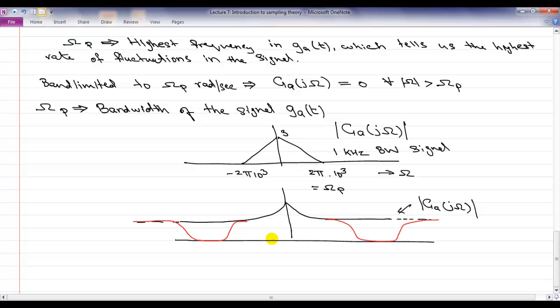Both of these classes of signals, whether you talk about the red one or the black one, are non-band limited signals. They don't have any frequency above which their Fourier transform becomes zero, or from an engineering perspective, their rate of fluctuation is not limited at a certain range. They keep on fluctuating at arbitrary rates. So these are not band limited signals.